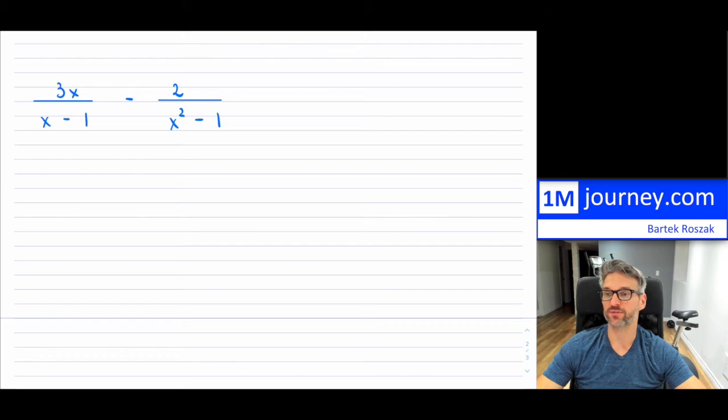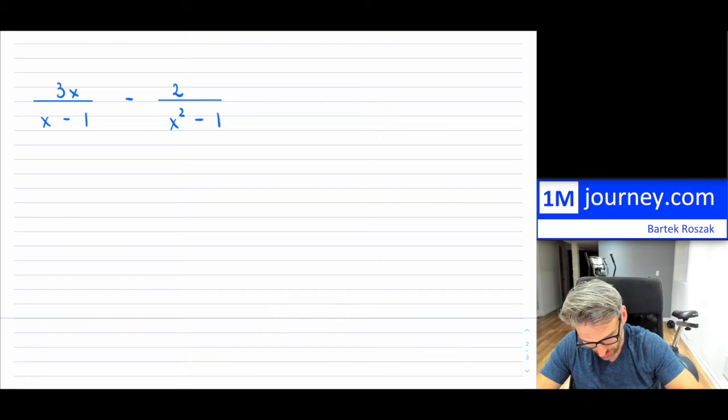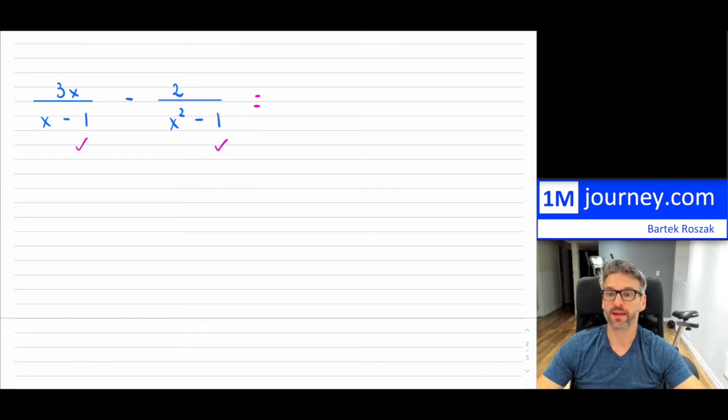So we have the subtraction, and we have 3x over x minus 1, minus 2 over x squared minus 1. My first step will always be to look at my denominators right here. If I can, I will try to factor as much as possible. In this case it's a quadratic and it's actually a difference of squares.